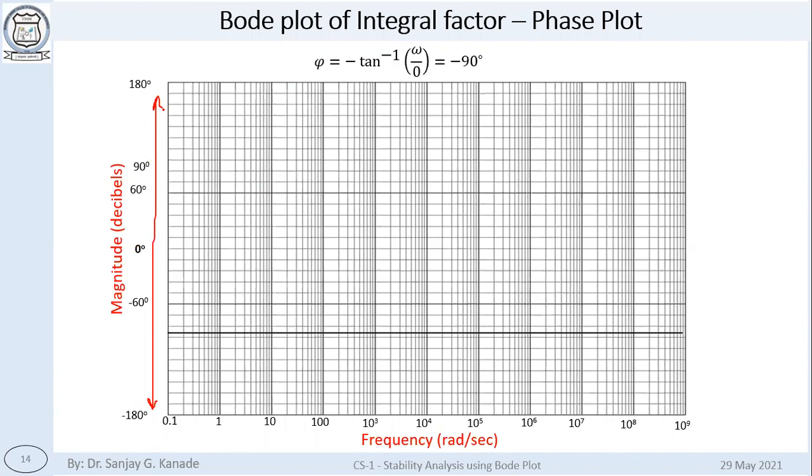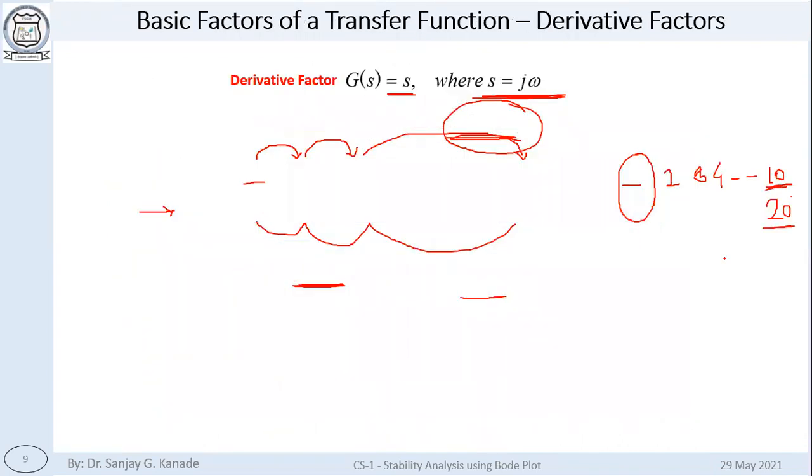It will depend on the range of phase angle values that you get by your calculations, right? We have seen that phase angles you will get by adding multiple phase angles of multiple components, right?